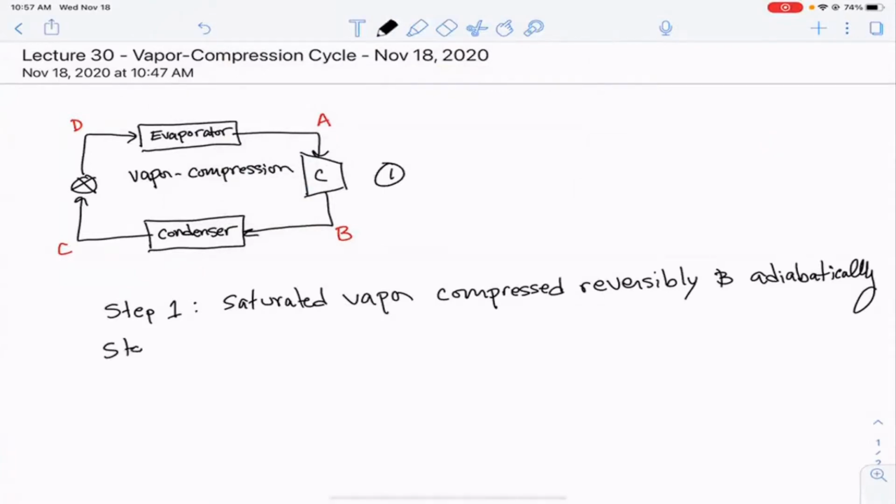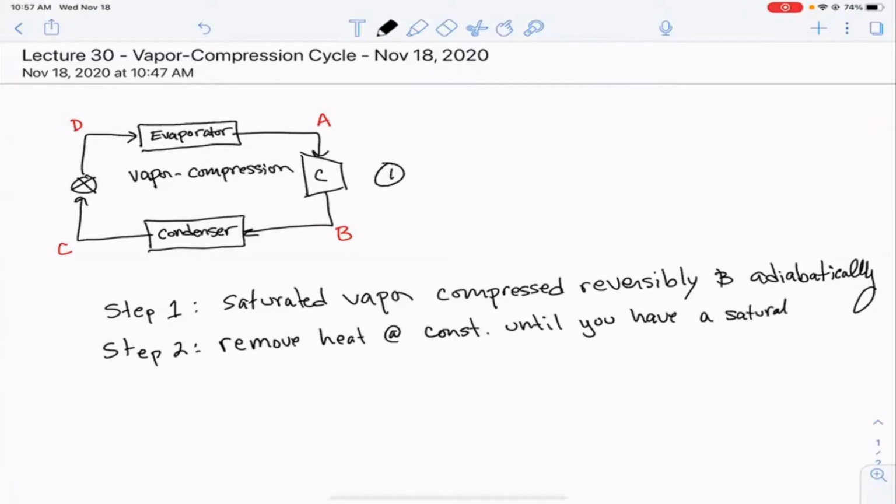And then step 2 is to remove heat at constant pressure, right? Because we're going to undergo a phase change until you have a saturated liquid. You said constant pressure? Yes.